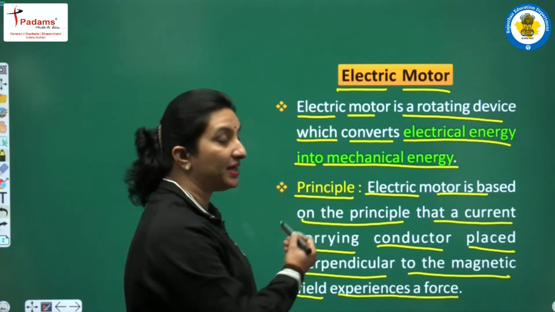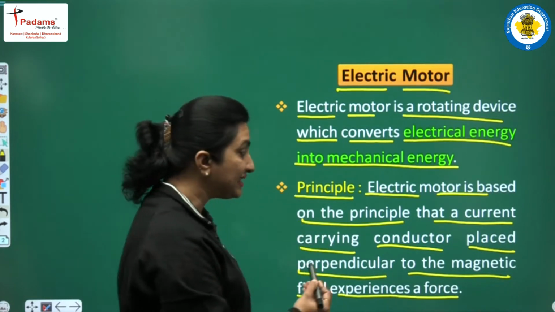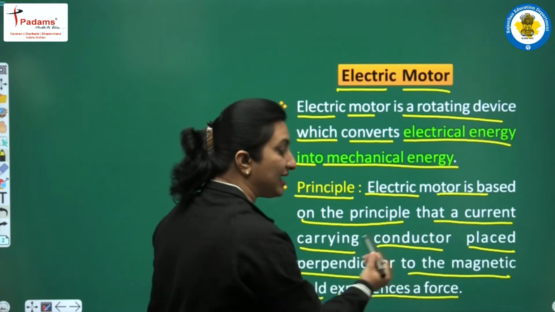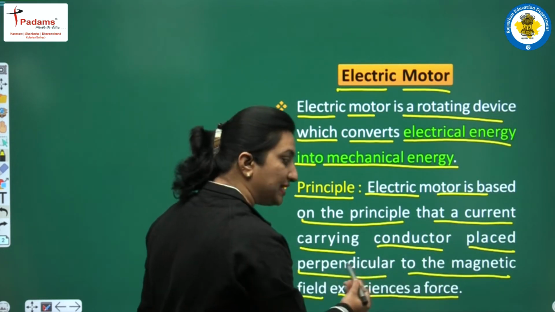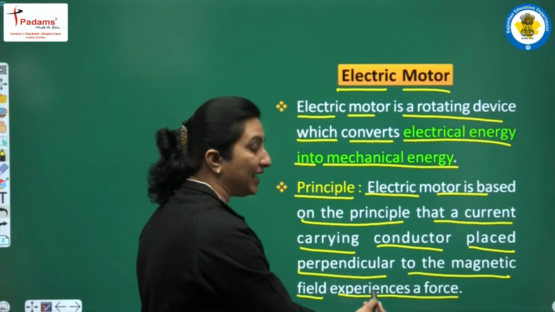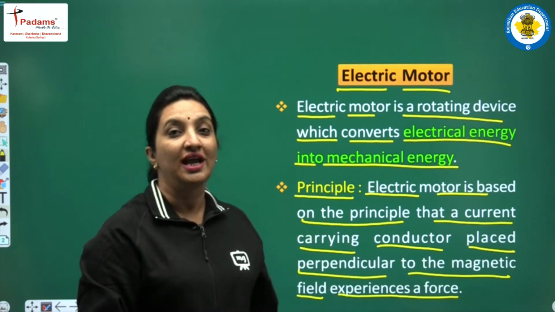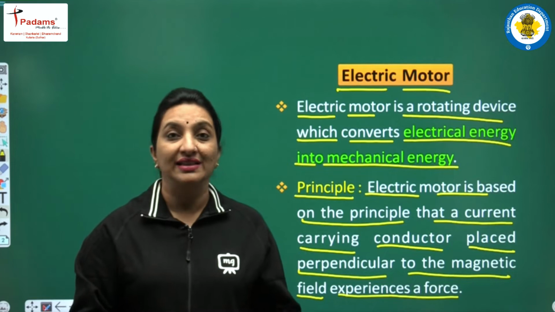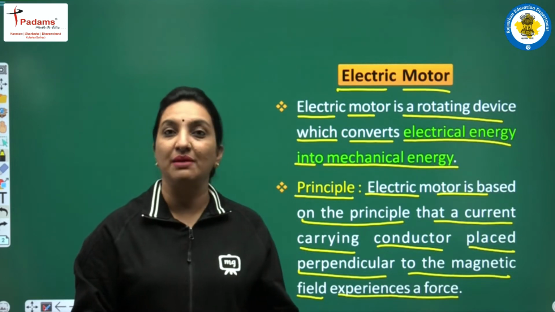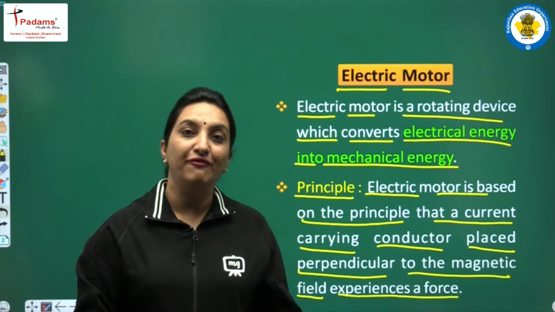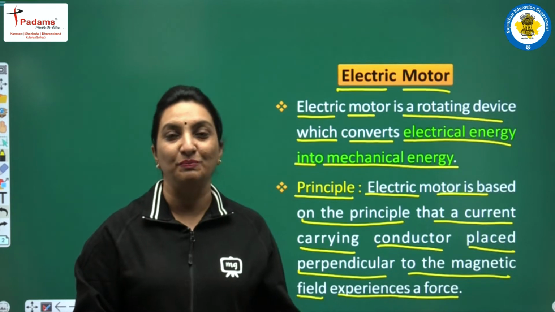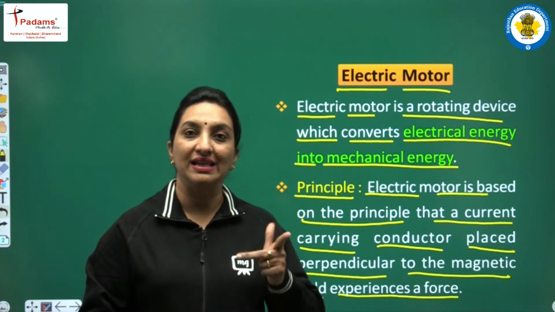So the principle behind the working of electric motor is that a current carrying conductor placed perpendicular to the magnetic field experiences a force, and we have already studied that the direction of this force can be calculated using the Fleming's left hand rule. So let's recall the Fleming's left hand rule.